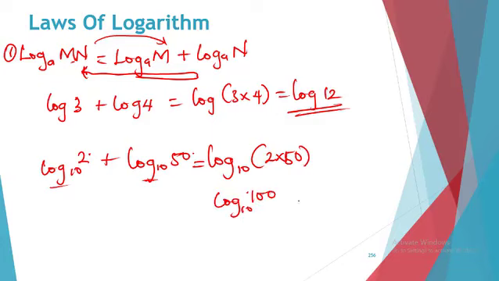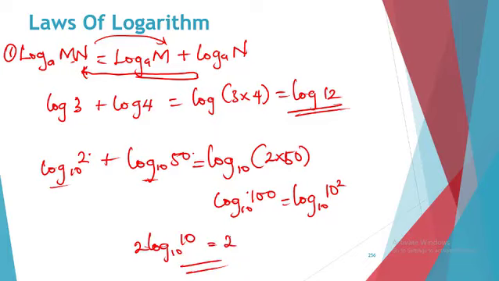But remember, log 100 base 10 is equal to log 10 raised to power 2 base 10. Is that correct? And then that will give us 2 log 10 base 10, and that is equal to what? 2. Do we understand?